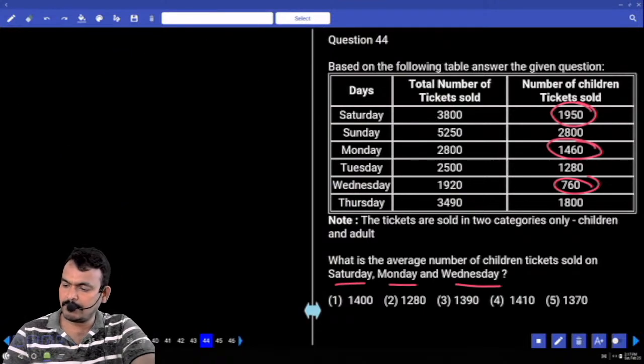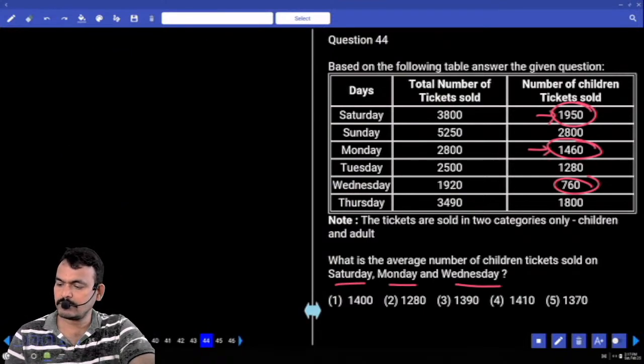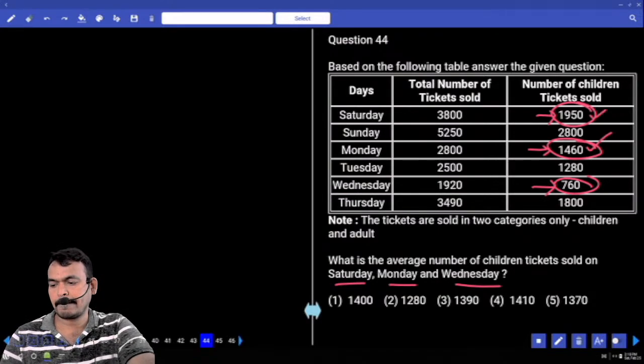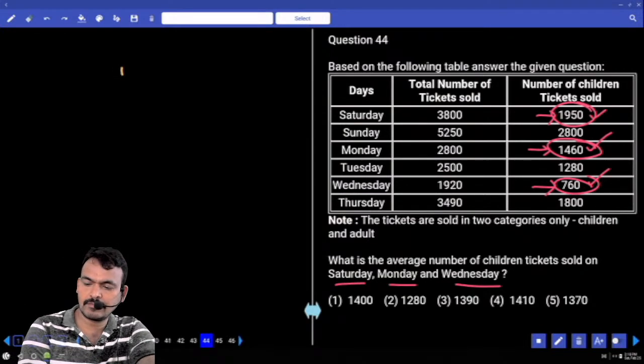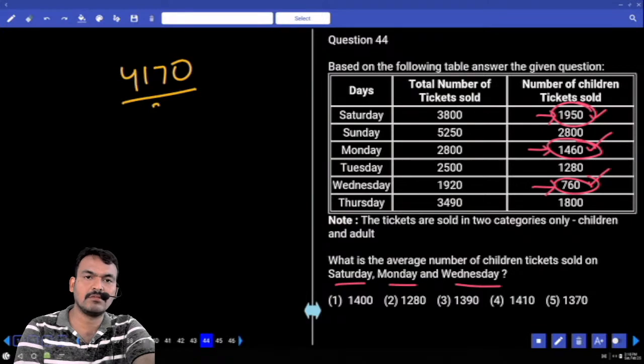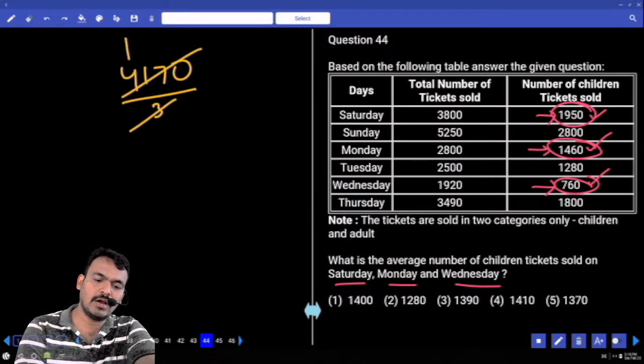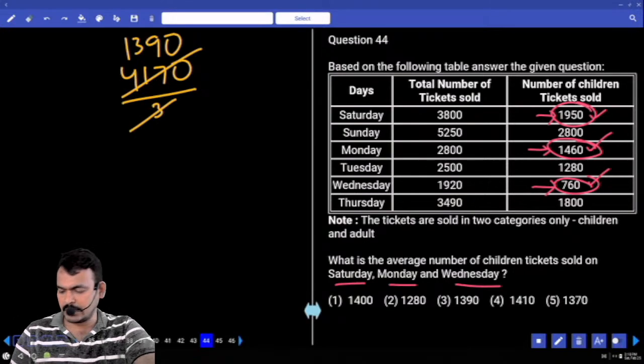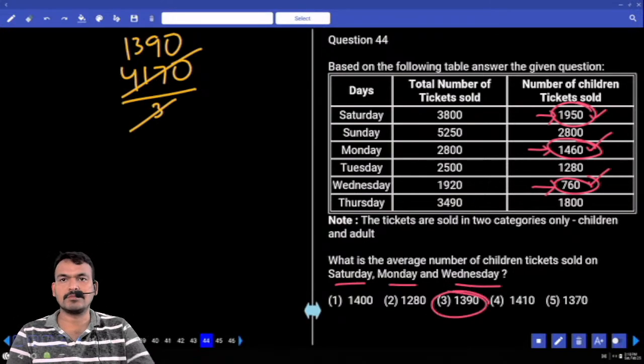First 19 plus 14 is 33, plus 7 is 40, meaning 4000. 50 plus 60 is 110, plus 60 is 170. Total it is 4170. Average means divide by 3. 3 how many times? 1390. Which option? Third option.